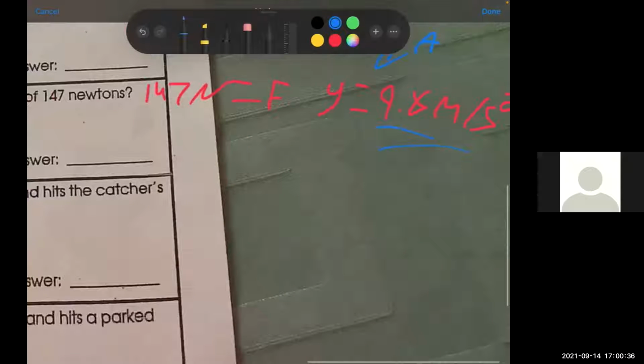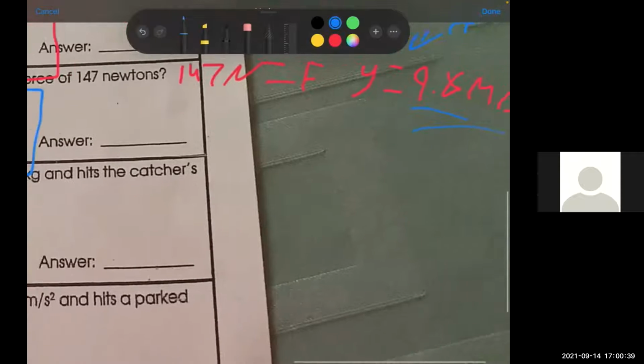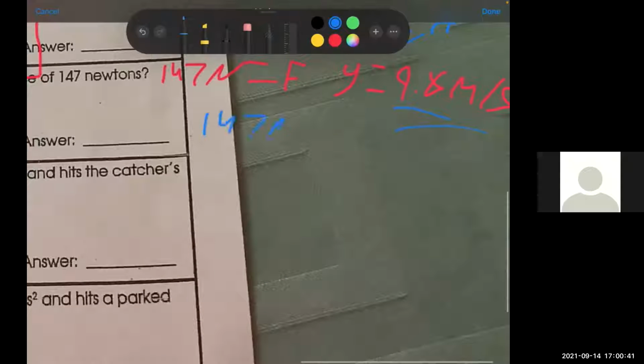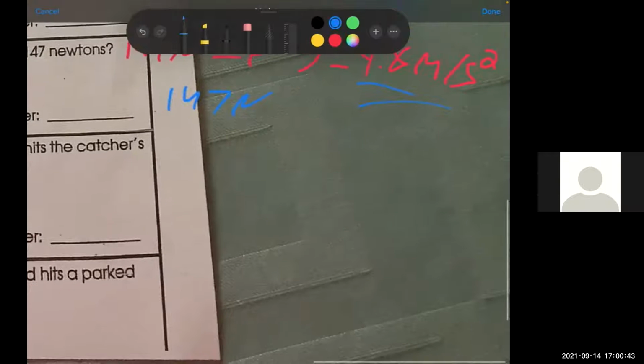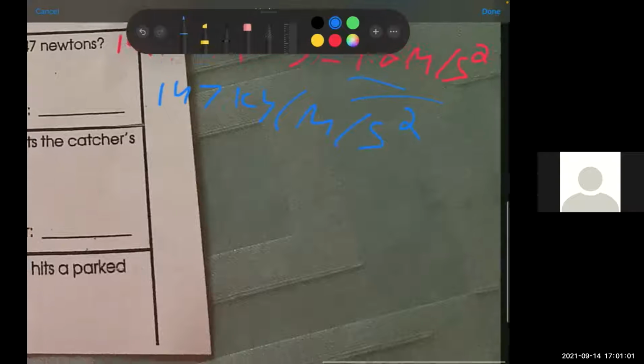Because if you look at this, newtons is basically kilograms meter per second squared.